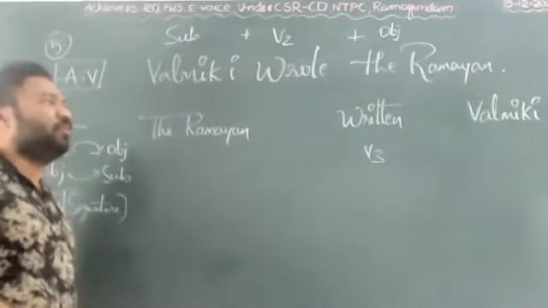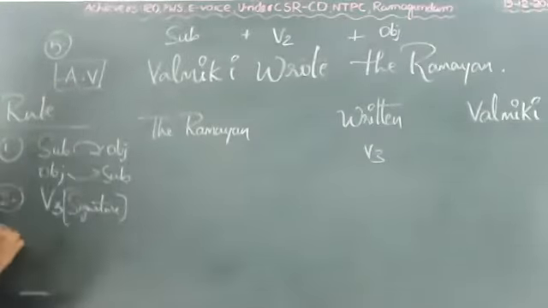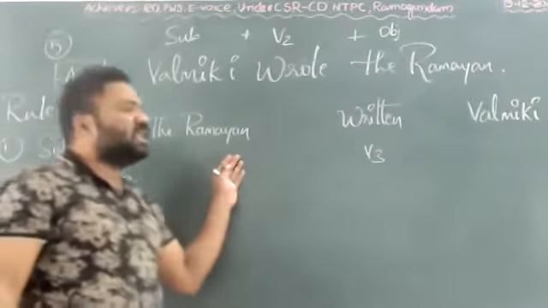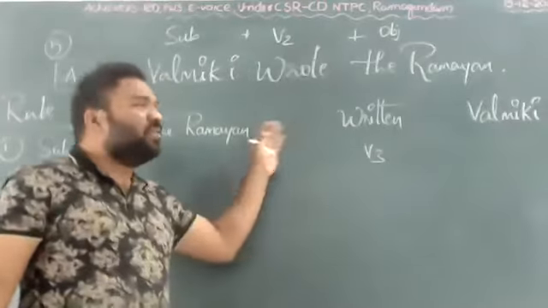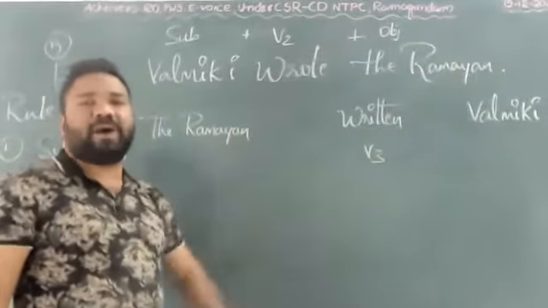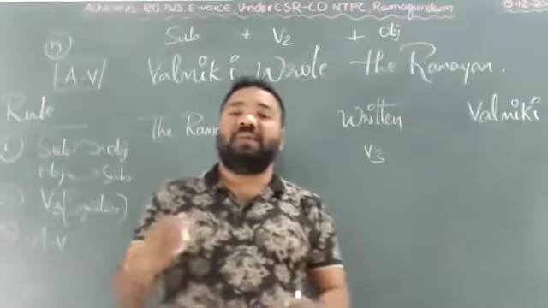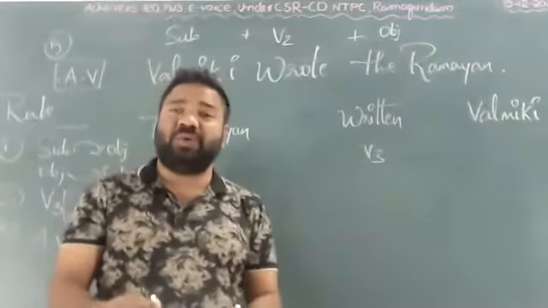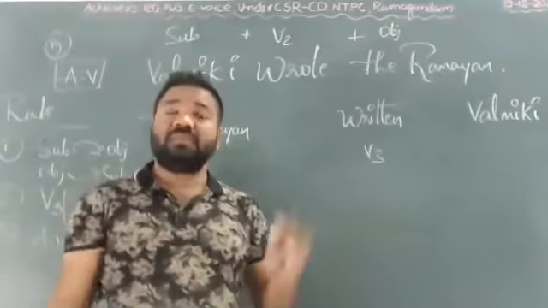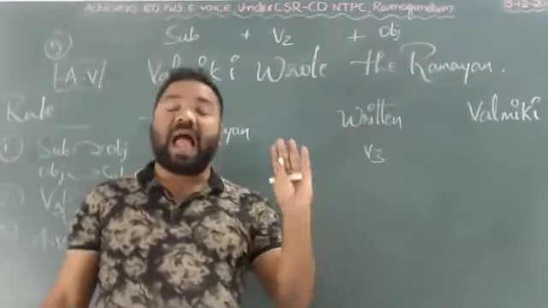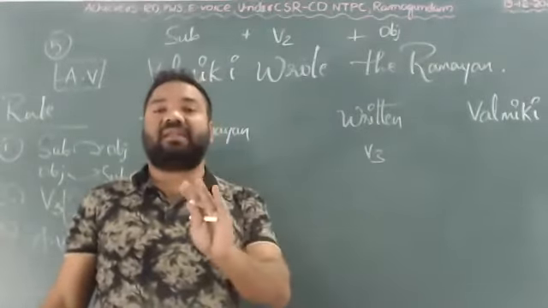Then what is the third rule? Auxiliary verb. What is the auxiliary verb which is well suited for simple past? Students, I must remind you, what is that? Am, is, are. Am, is, are.